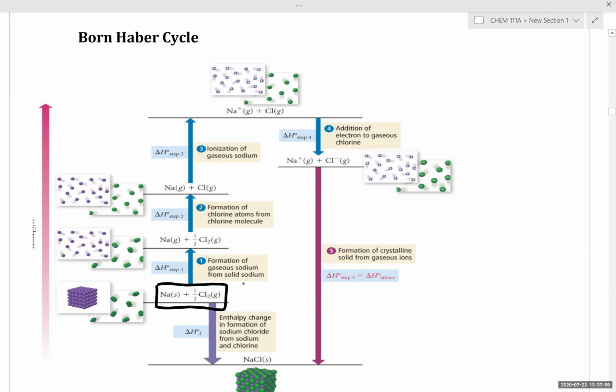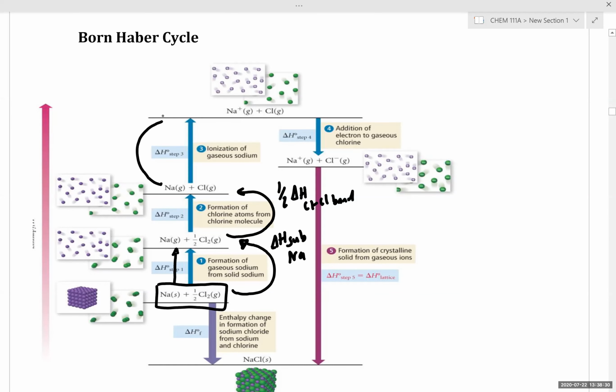First things first, we go from sodium solid to sodium gas. In that case, we use our enthalpy of sublimation for sodium. Next, we break down chlorine gas into its component atoms. So we use 1/2 delta H for our chlorine-chlorine bond. We're using half of our bond enthalpy.